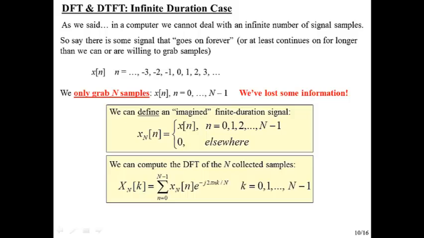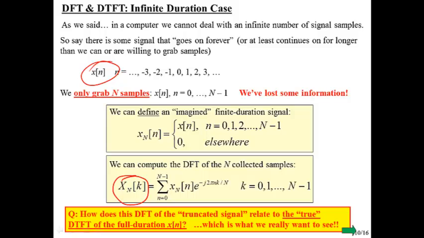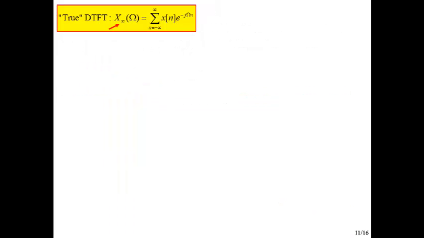So the question is, I've computed some DFT points. Where do those relate to the DFT of the full, complete signal? That's the question that I want to answer. So how does this DFT of the truncated signal relate to the true DFT of the infinite duration x of n? And that's what we want to try to answer.